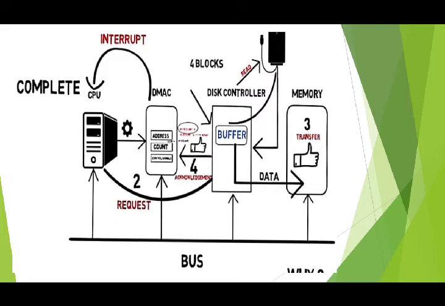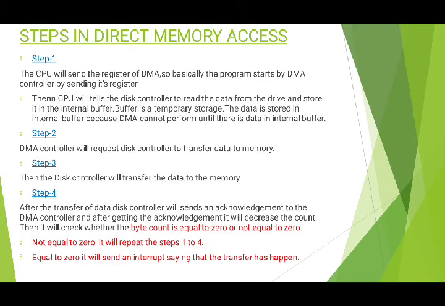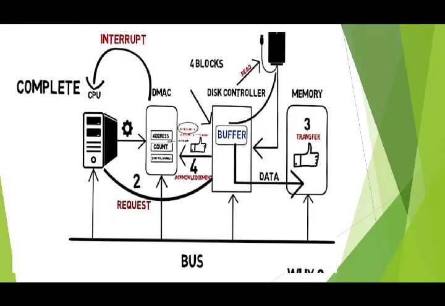Here is a figure of the DMA process, and the steps are also given in this figure. In another slide, the detailed steps of direct memory access are given. Let's have a look at the figure. The CPU will send the registers to the DMA.